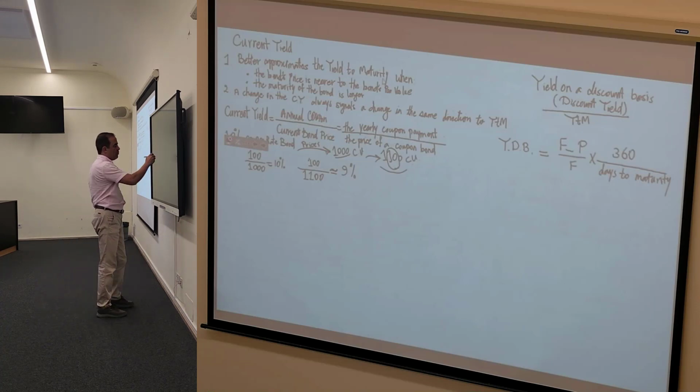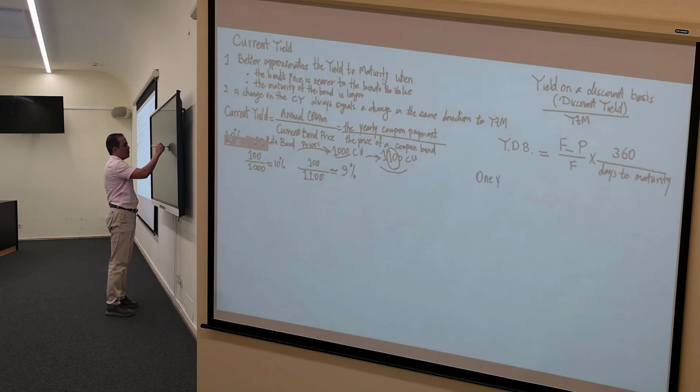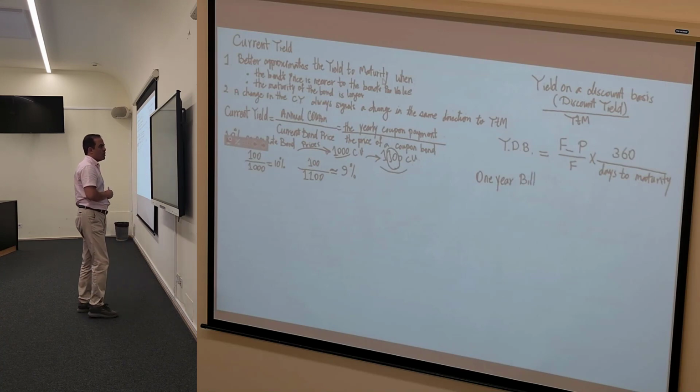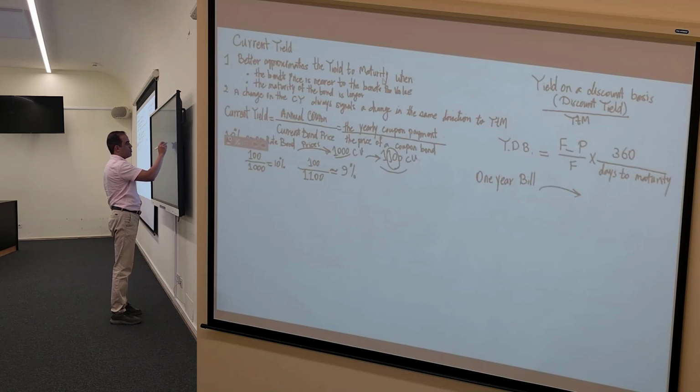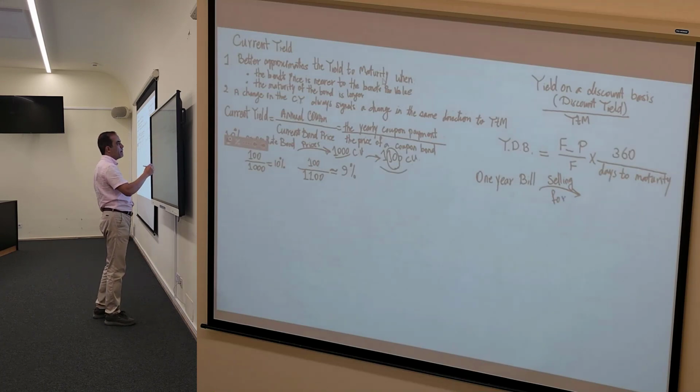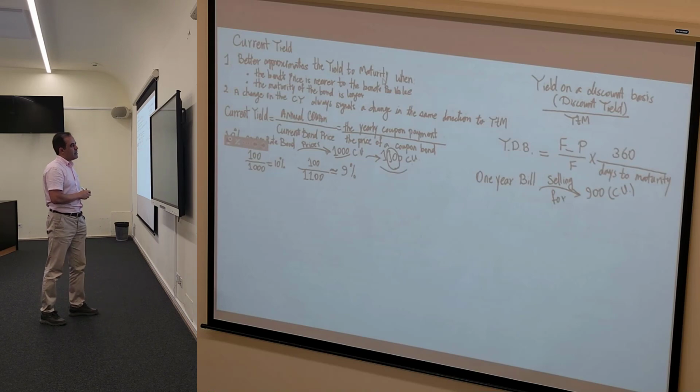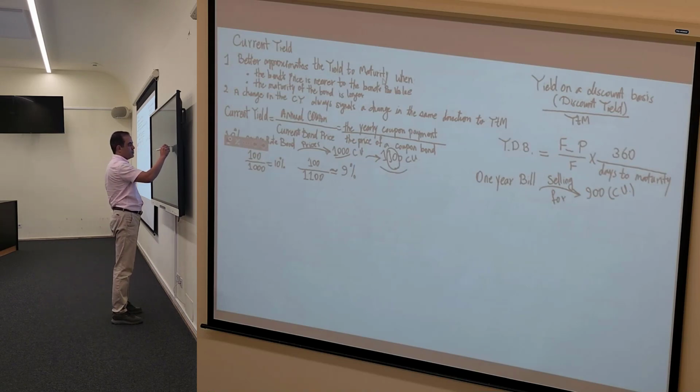So imagine a 1 year bill, which is selling for $900 currency units and has a face value of 1,000.